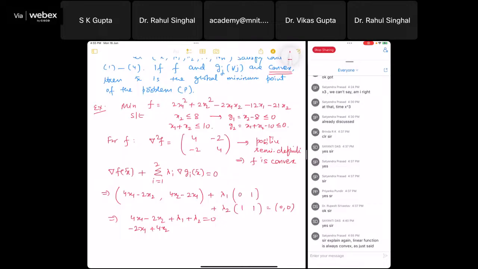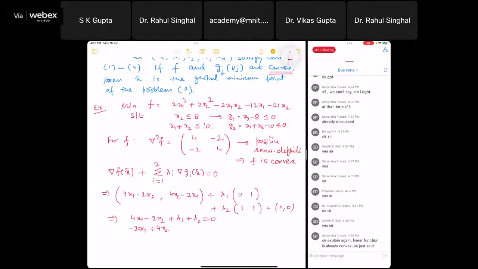Yeah, Satyendra, you can see that this is a line. Forget about the inequality. g1 is what? x2 minus 8, right? And x2 minus 8 is a straight line. You can see that straight lines are always convex because if you take two points, the chord will lie on the line itself. So it's obviously convex, right?